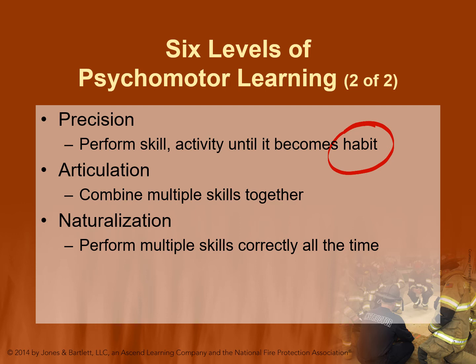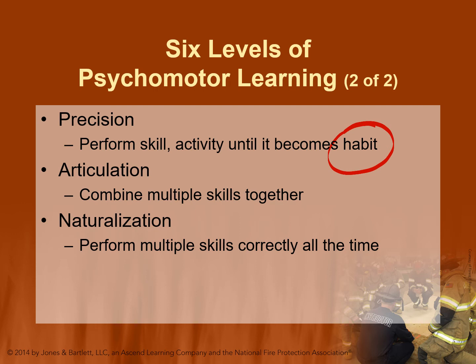Articulation, where the combination of multiple skills together. So we may put together an evolution that has 2, maybe 3 skills together. So we may take the extension ladder, ladder the roof, ready the roof ladder, climb the extension ladder, deploy the roof ladder, and then ultimately get on the roof with a power saw and cut a vent hole.